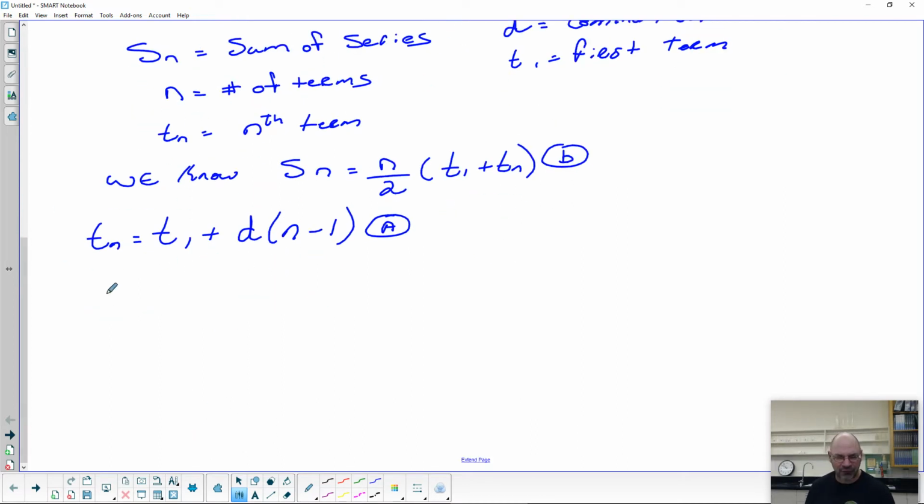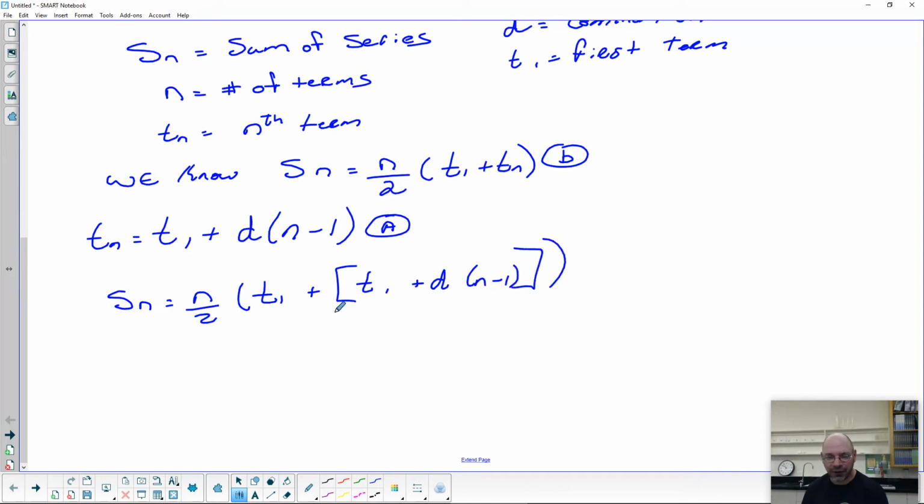If we take Sn equals n over 2 times T1, and now we're going to put in T1 plus, in the square brackets here, T1 plus D times n minus 1.